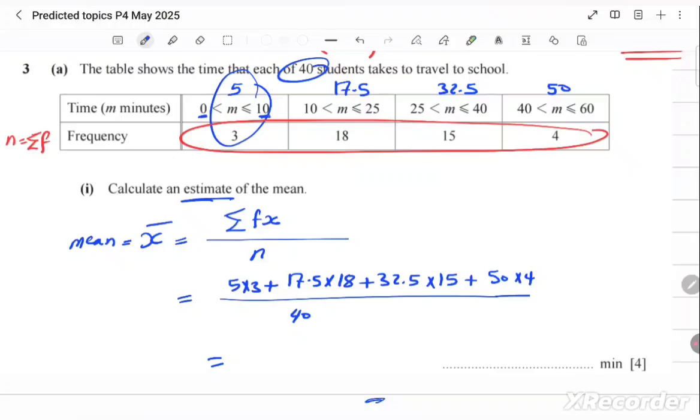So 15 plus 17.5 times 18 plus 32.5 times 15 plus 50 times 4, all of that divided by 40. So the answer here is 25.4375.